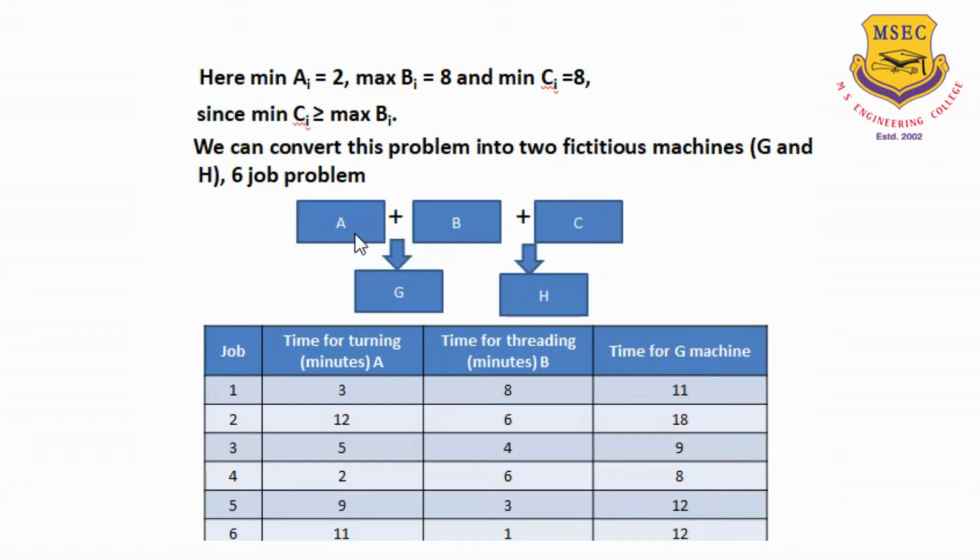The times of machine A and machine B are added to get the times for the fictitious machine G. The times of B and C are added to get the times for the fictitious machine H. That's what we have depicted in this particular table. That is 3 plus 8 is equal to 11 for the first job. For the second job it is 12 plus 6 is equal to 18, and so on. So we get the times for the G machine.